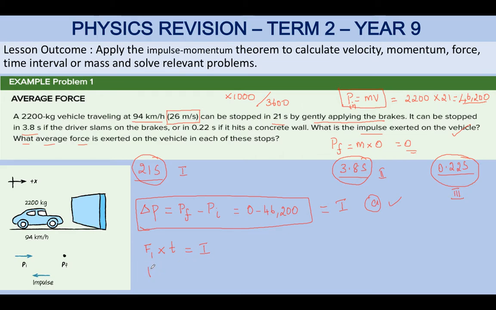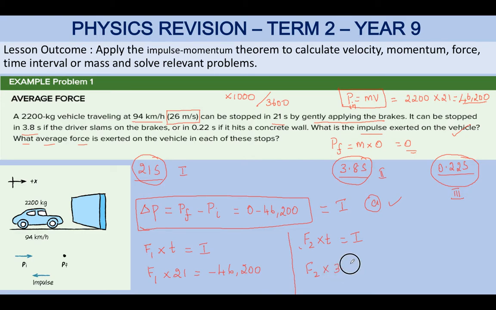So in the first situation, it takes 21 seconds and that will be equal to negative 57,200. The same calculation you will do for force 2. That will again be equal to the impulse. See, notice the impulse does not change in this particular situation, but the time changes, therefore the force that is acting on the vehicle also will change.